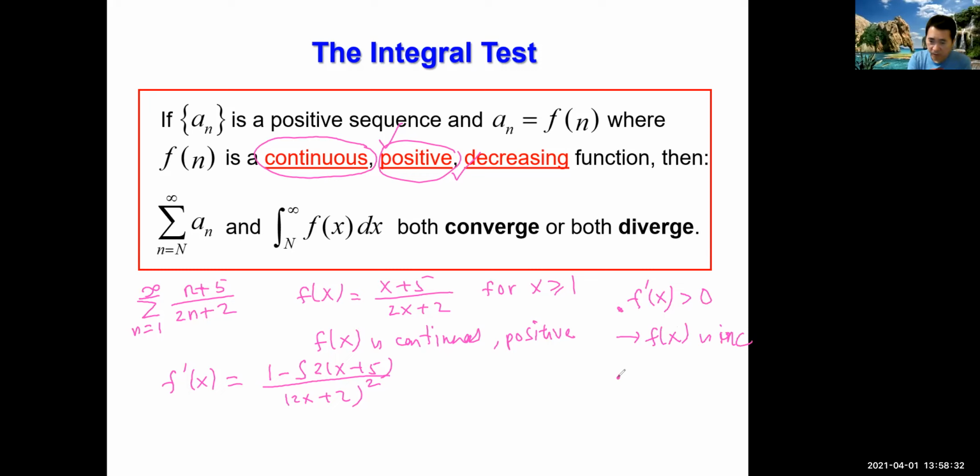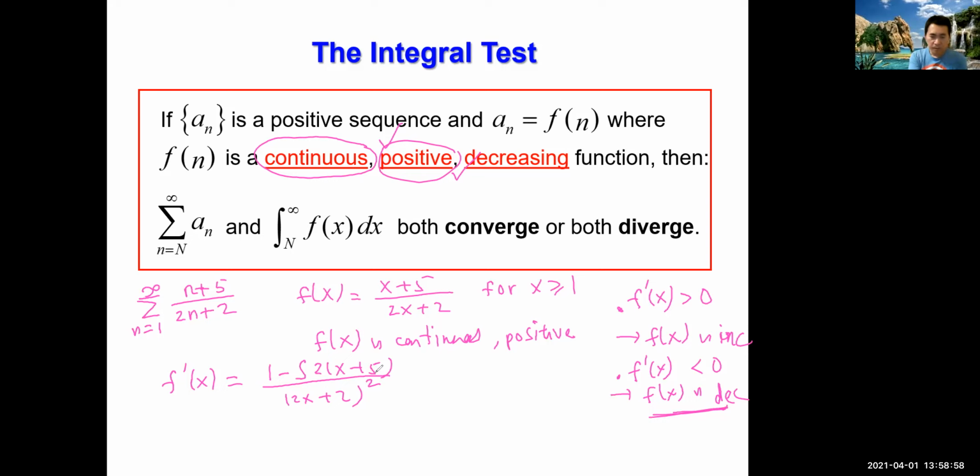On the other hand, if you check the first derivative and it's smaller than 0, then f of x is decreasing. And we need that statement. So we need to show that the derivative is actually smaller than 0 to conclude that this function is decreasing.